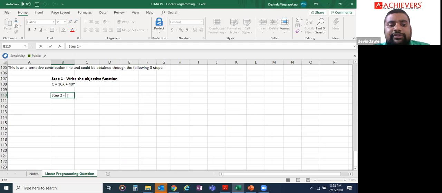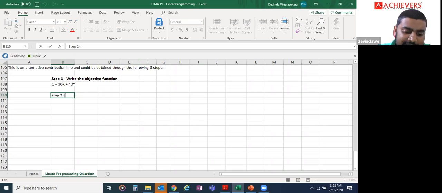So if we select 100 as the value for X and Y, we will take 30 and multiply it by 100, and take 40 and multiply it by 100. And we should be able to draw it inside the feasible region.